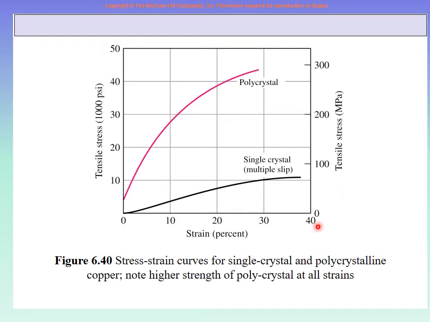It is the same material, but you see that the stress strain curve is much higher for normal polycrystalline compared to single crystal. Single crystal will have some very special optical properties and magnetic properties, but in terms of mechanical strength, it will be very, very low. So therefore, usually in normal mechanical products, we have normal polycrystalline materials, not single crystal material.